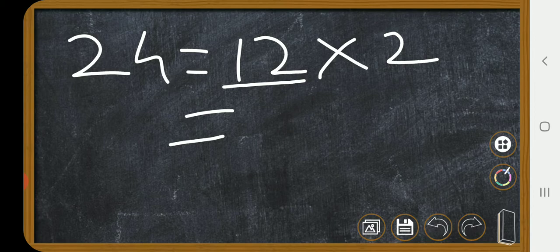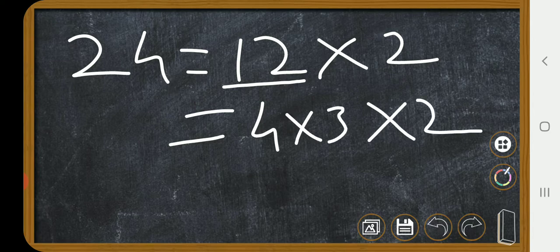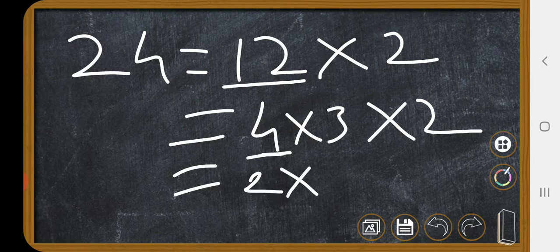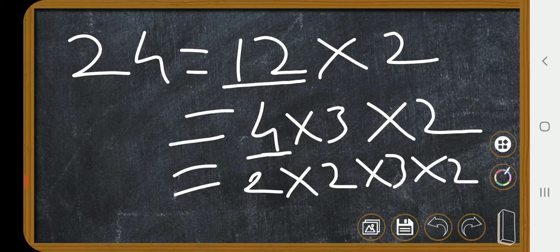If I write 12 this way, 4 threes are 12, and I keep 2 as it is. Understood? 4 threes are 12, 12 twos are 24. Again, if I write 4 as 2 multiplied by 2, and this 3 and this 3: 2 twos are 4, 4 threes are 12, 12 twos are 24.